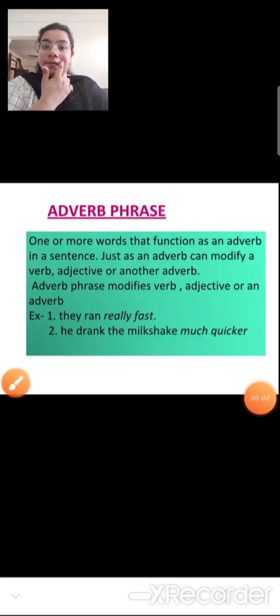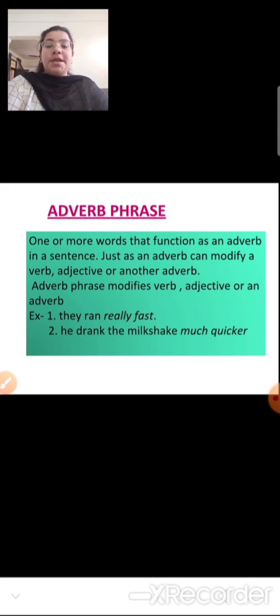What is an adverb phrase? Adverbs, we all know, are used to modify or describe the verb. They always tell the quality of the verb. In the same way, an adverb phrase works to modify the verb. In the first example, they ran really fast.